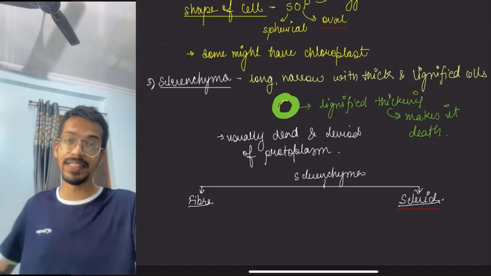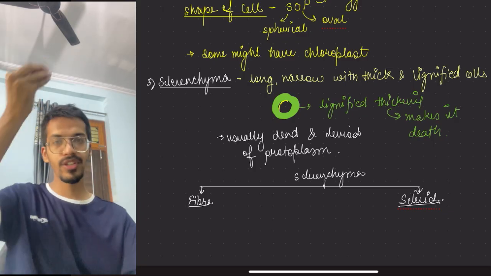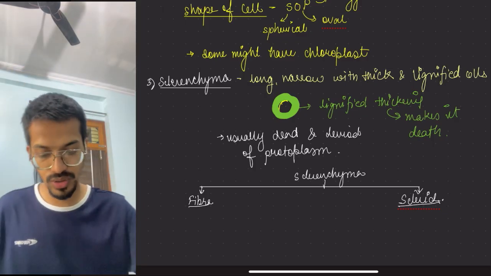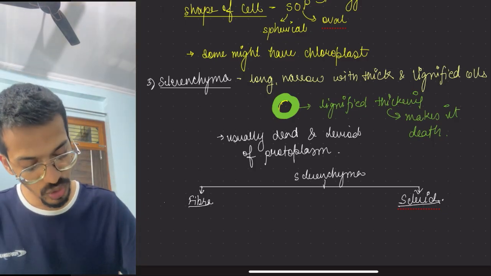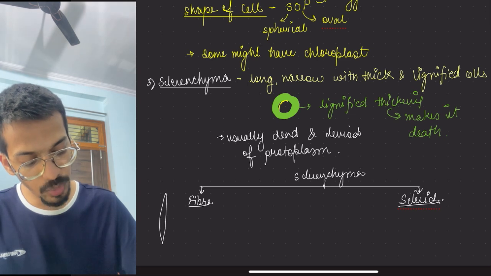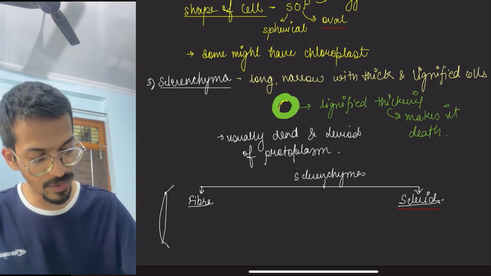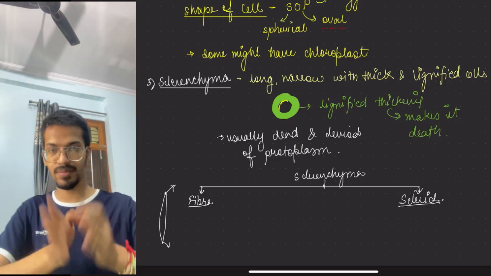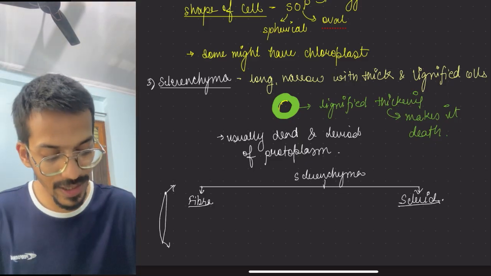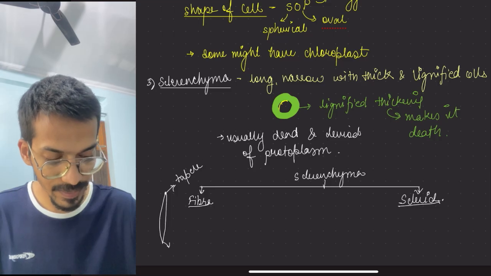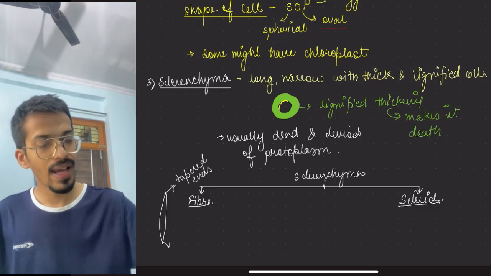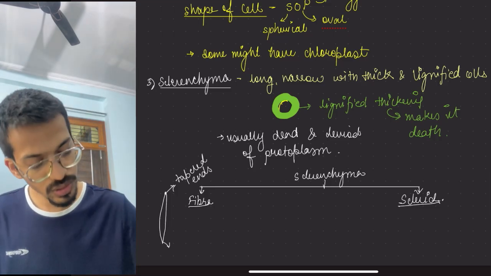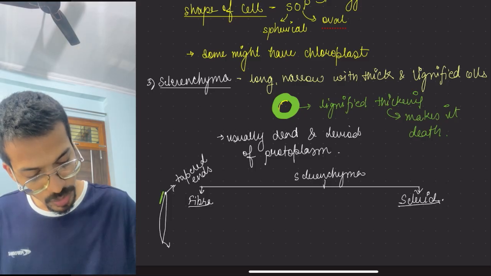Fiber and sclereid. When it comes to fiber, you know that it will be a long, narrow structure. It will have tapered ends. Tapered end means that both will be fused, like the tapered ends are going closer. Since they will be lignified, lignification will be present.